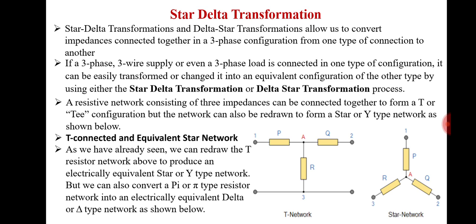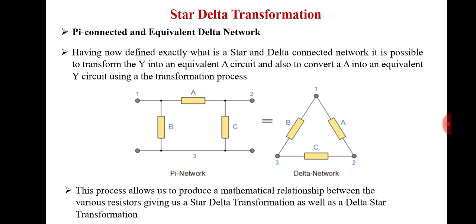As we have already seen, we can redraw the resistor network above to produce an electrically equivalent star or Y-type network. But we can also convert a pi-type resistor network into an electrically equivalent delta type network as shown in figure. Here is the star connected network we see.